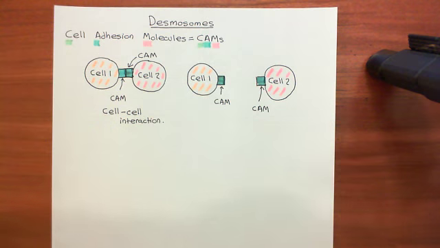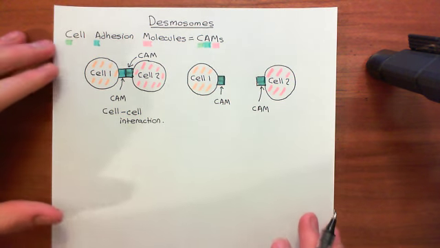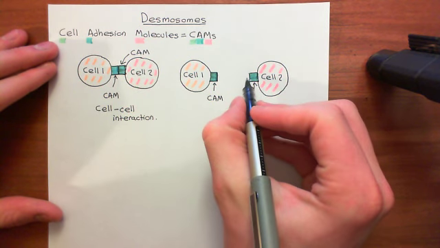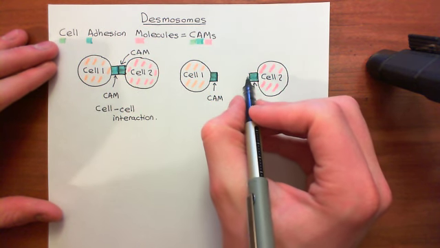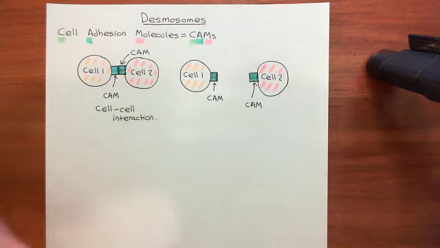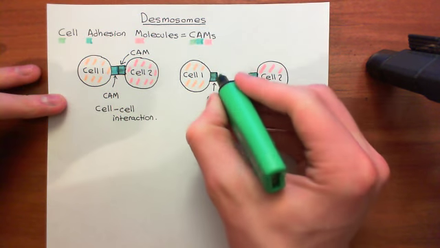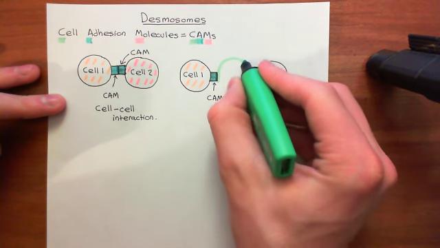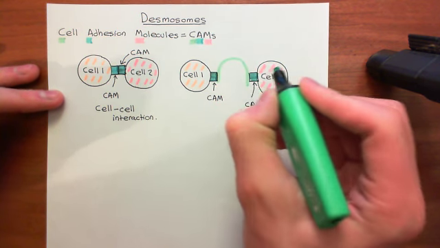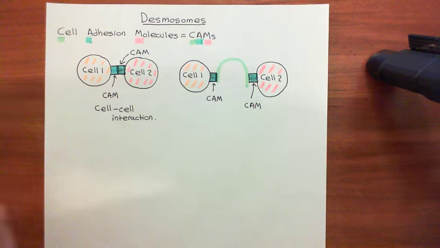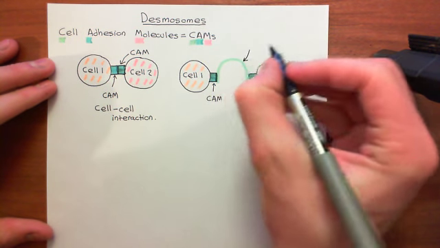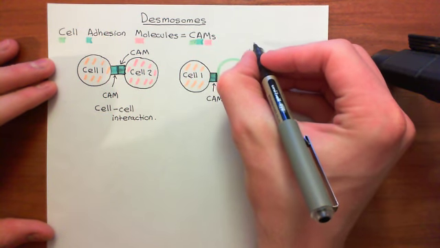The way we're going to get these two cells bound together is that these cell adhesion molecules are both going to bind to components of the extracellular matrix. Let me draw this here. Let this green line represent some component of the extracellular matrix, so maybe it's a collagen fiber, or some proteoglycan fiber.